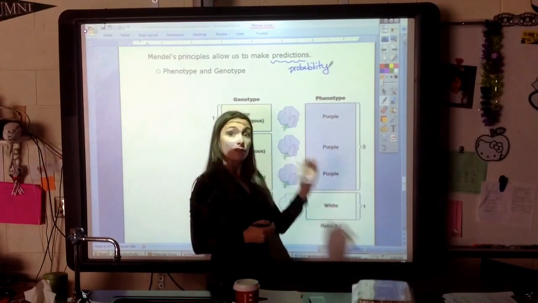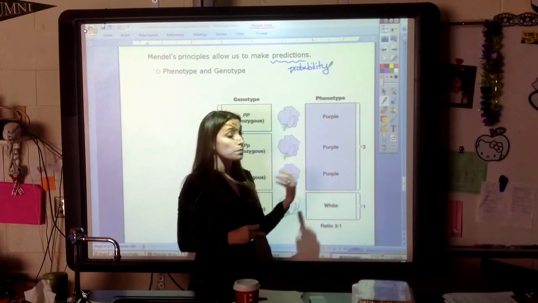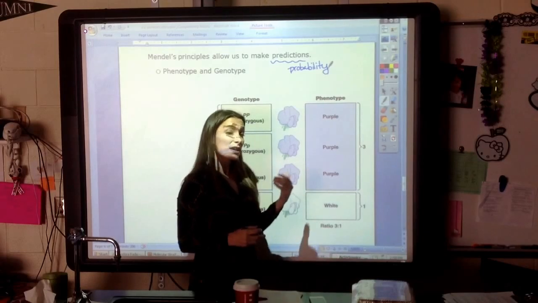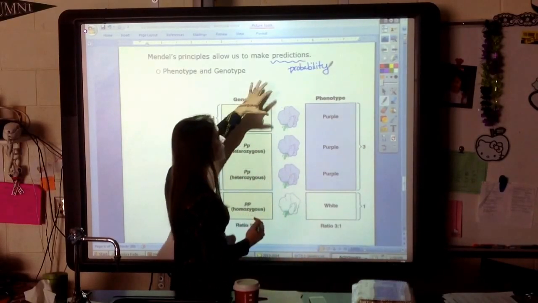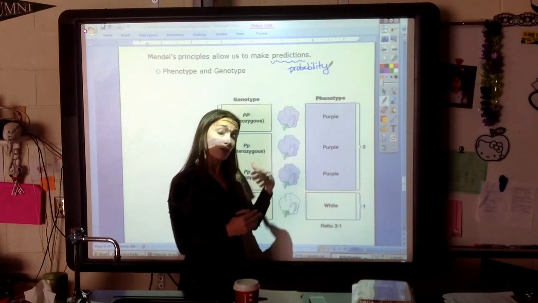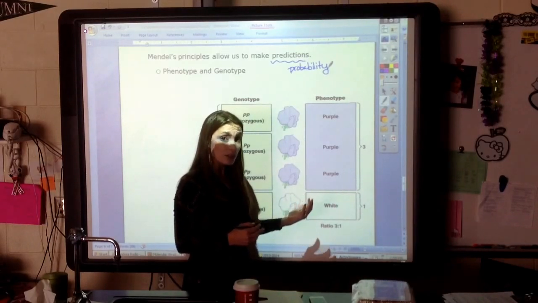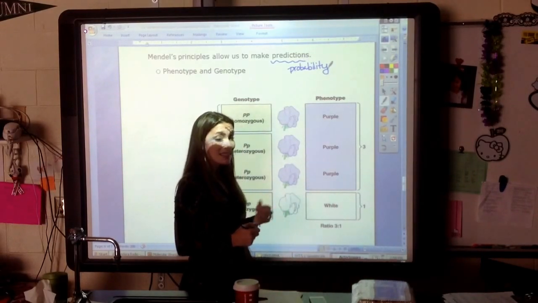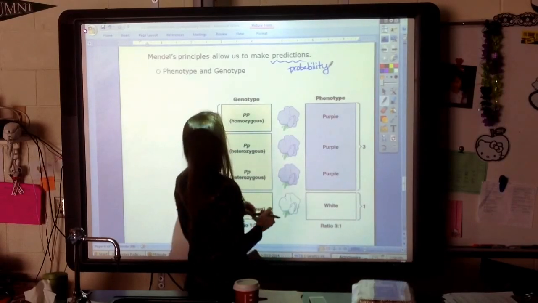So think back to flipping the coin, and if you flip a coin 10 times, you might get 5 times heads, you might get 6 times heads. So one of the things that we are going to look at is, how do we make a prediction, and how do we compare the actual outcome, the observed, to what we expected? So you'll see chi-square a lot during this section.